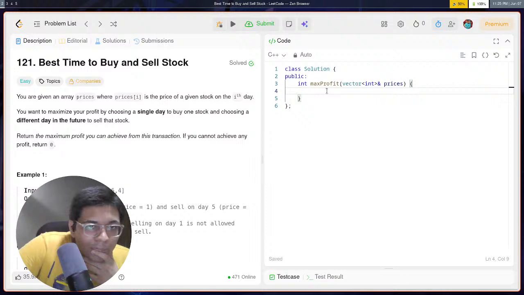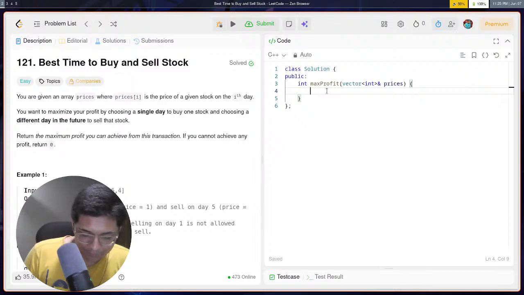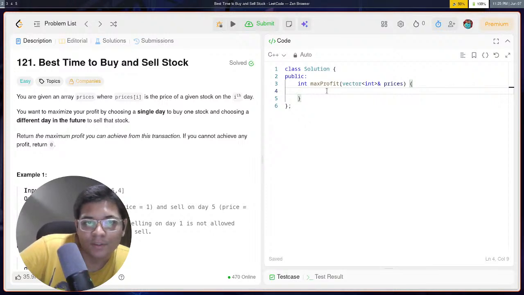Best time to buy and sell stocks. Let me bring up the pen and paper. You are given an array prices.